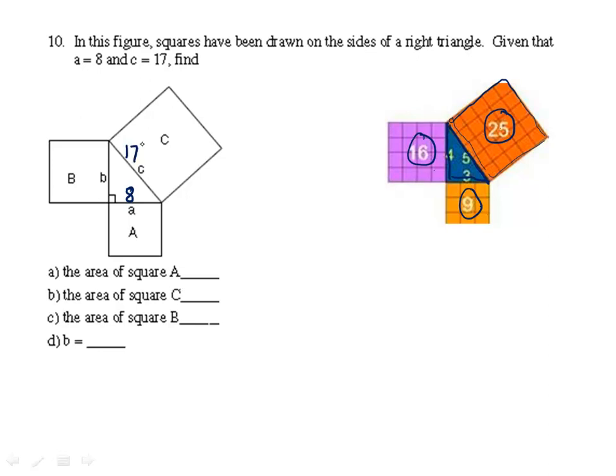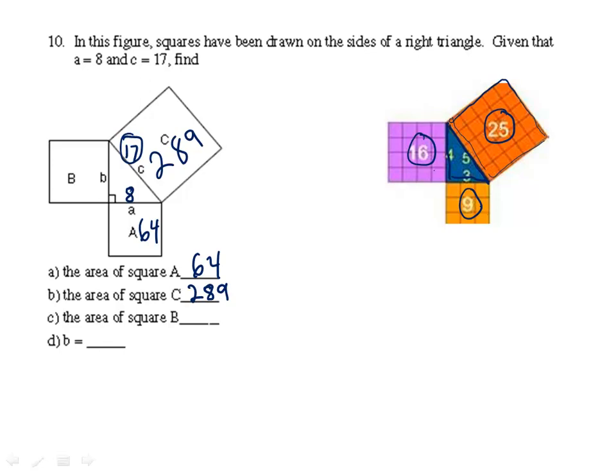All right, find the area of square A. Well, A has a side length of 8, so 8 squared would be 64. And then it says, find the area of square C. Well, square C has got a side length of 17 here, so 17 squared is 289. So that's 289.